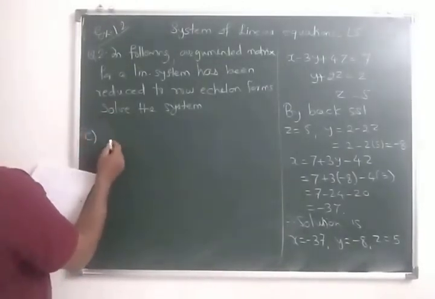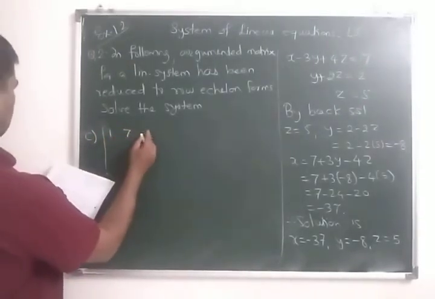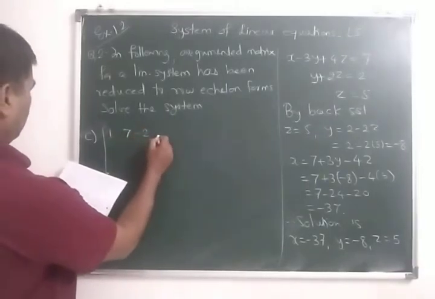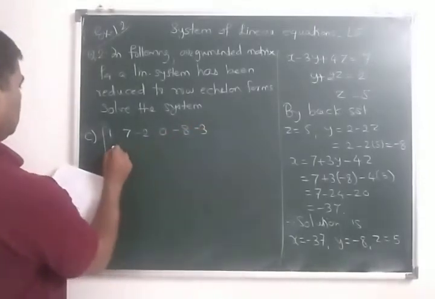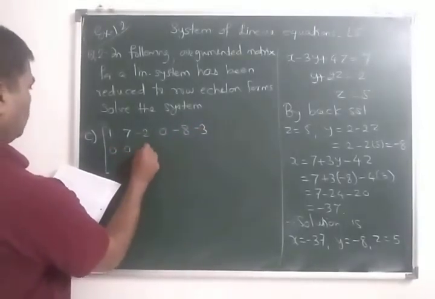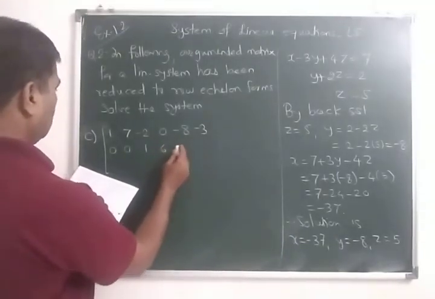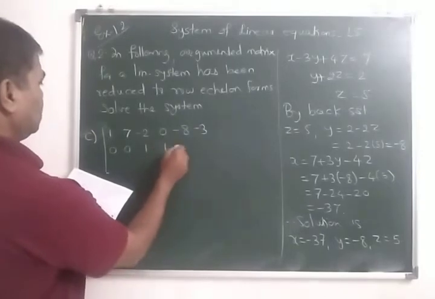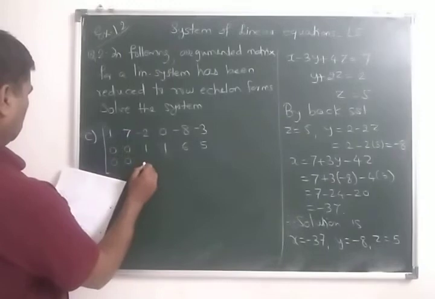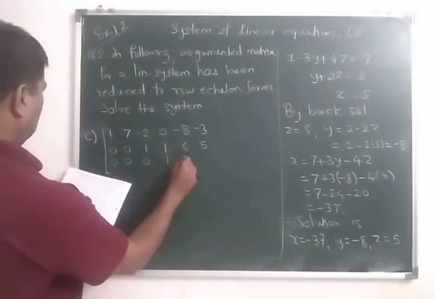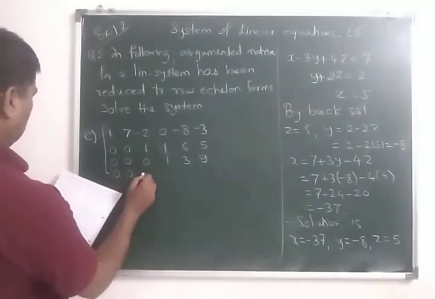C is 1, 7, -2, 0, -8, -3; 0, 0, 1, 1, 6, 5; 0, 0, 0, 1, 3, 9; and the last row is all entries zeros.